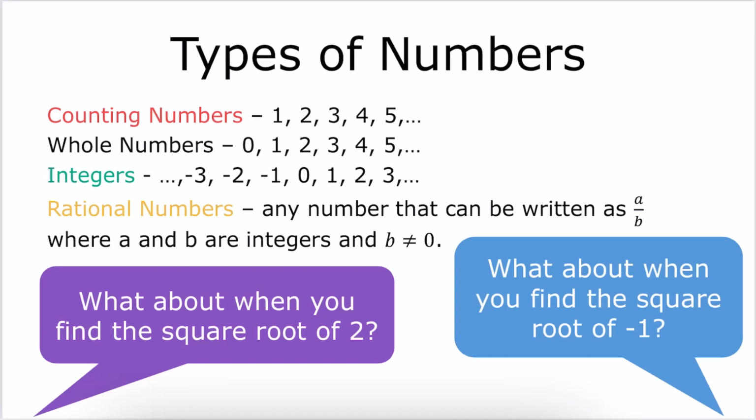And then when you try to find the square root of a negative number, that gave rise to the idea of imaginary numbers. So there's also other categories of numbers beyond these, but these are the main ones that we'll cover in this class.